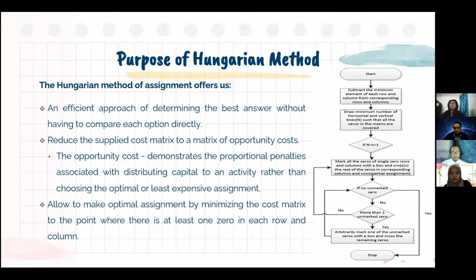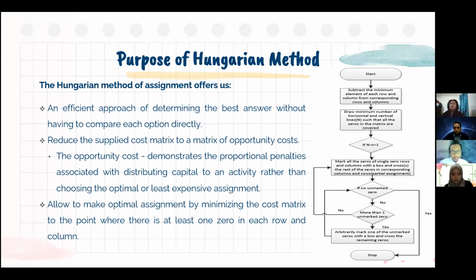Okay, so the purpose of the Hungarian method. The Hungarian method of assignment offers us an efficient approach of determining the best answer without having to compare each option directly. It operates by reducing the supplied cost matrix to a matrix of opportunity costs. The opportunity cost demonstrates the proportional penalty associated with distributing capital to an activity rather than choosing the optimal or least expensive assignment.